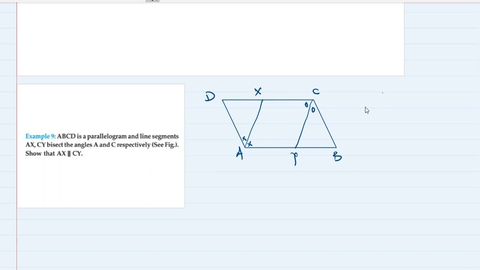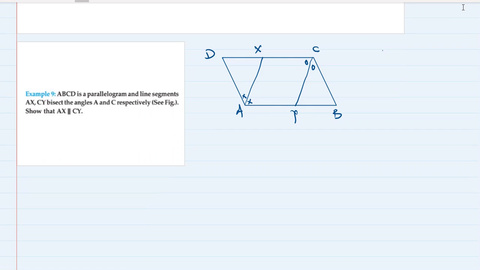See, first of all, let's write what is given, what is to be proved. Yes.